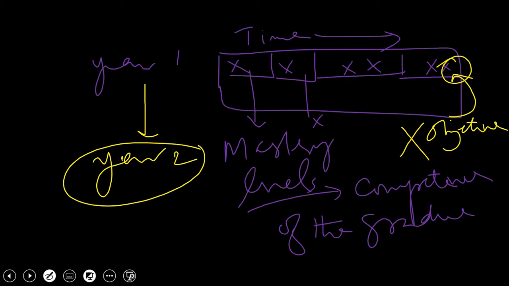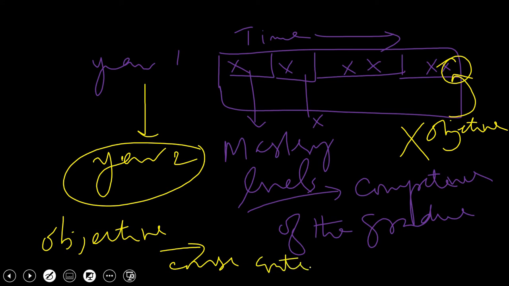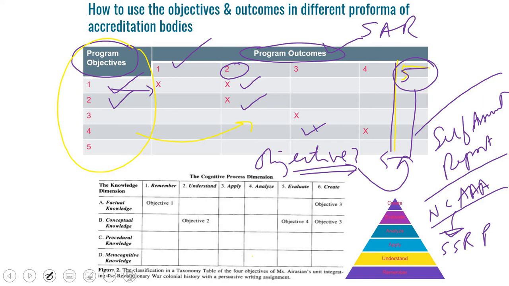Thus, the objectives must sometimes be aligned with the course contents as well. Why with the course contents? Because it is the course contents that is being taught, and the students are aligned with these course contents and the objectives, so that they can have a basic knowledge of this particular level of understanding related to the objectives.